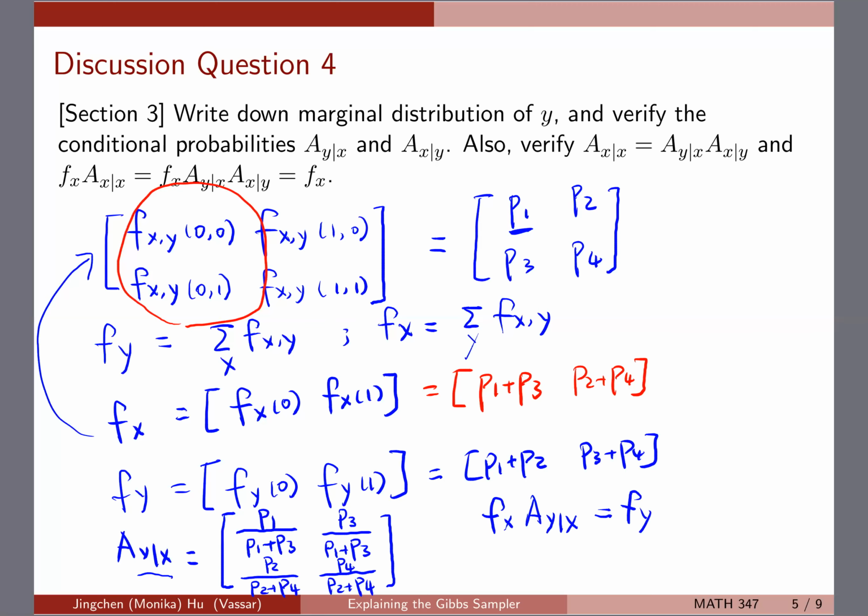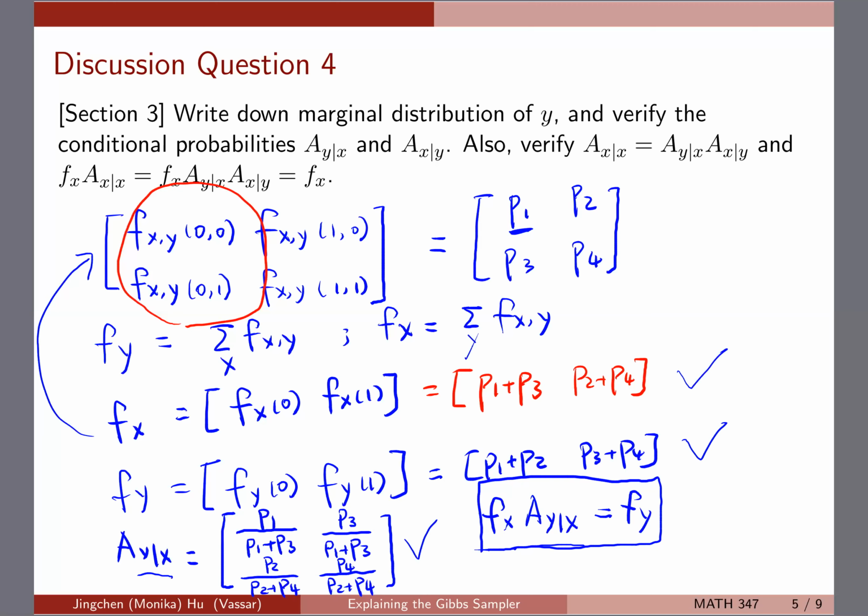So just quickly try to do this algebra work. It's a vector multiplied with a matrix, which gives you another vector. We are given the marginal of x, the marginal of y, and then this transition matrix. I think it shouldn't be too hard.